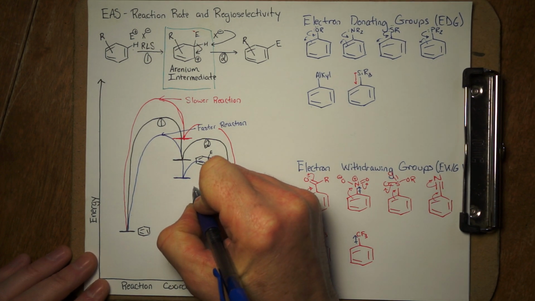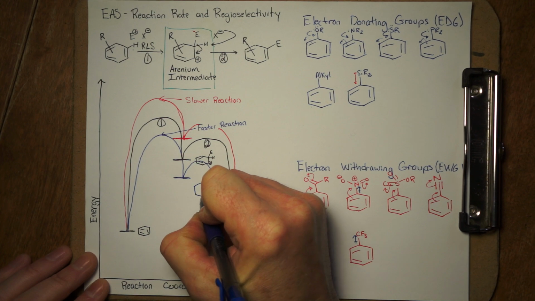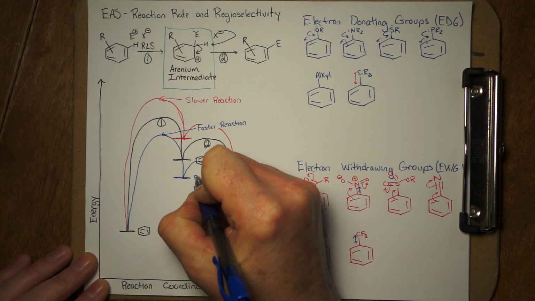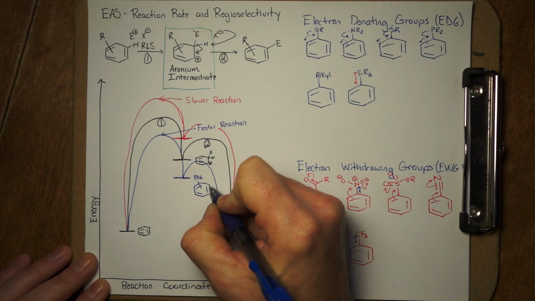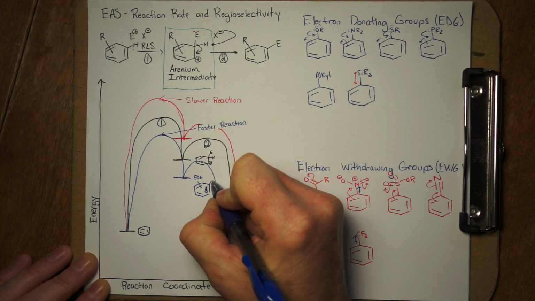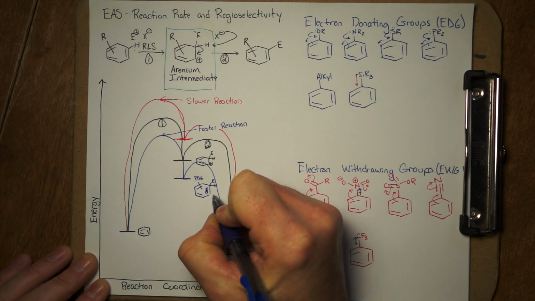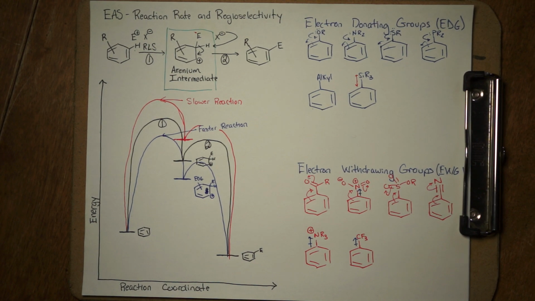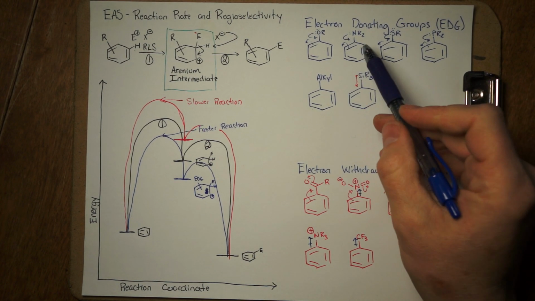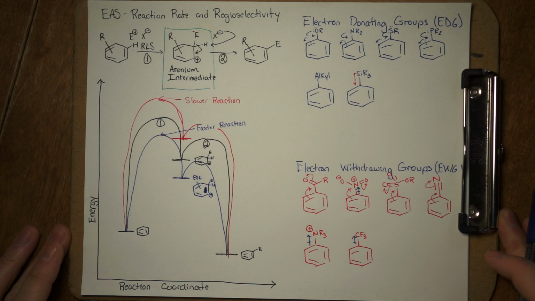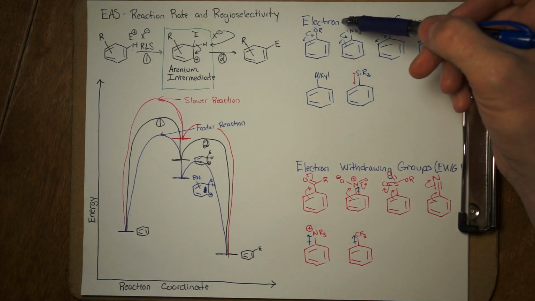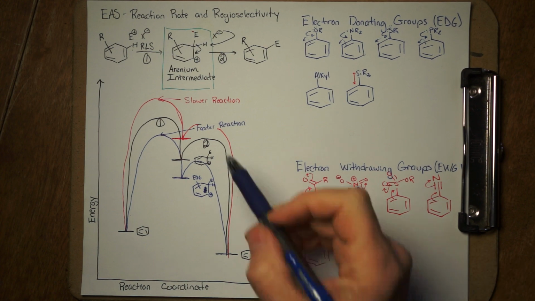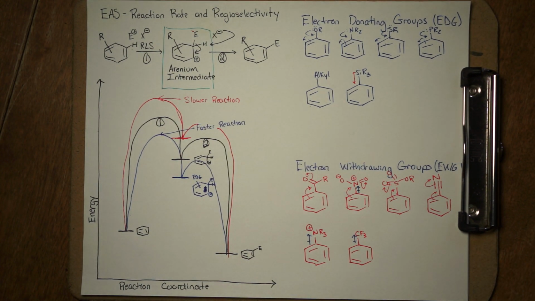So here we would draw EDG. Oops, this is the arenium intermediate, so there's no bond there, so erase that. If we have an electron donating group on the ring, that arenium intermediate should be stabilized because that electron donating group can put electrons into something that is positively charged.